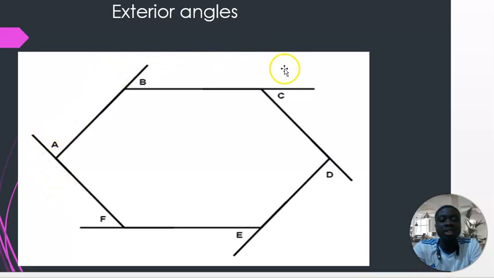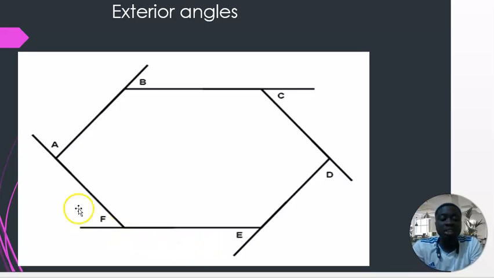As you are moving in that direction, you are moving in a clockwise direction, and you are also moving in a circular path. So we are making a complete turn. This complete turn is 360 degrees. And if you also recall, in angles, we say angles at a point sum up to 360 degrees.